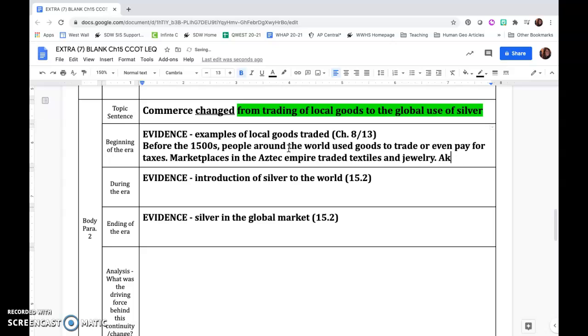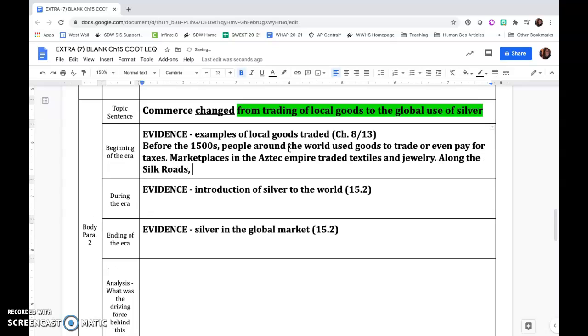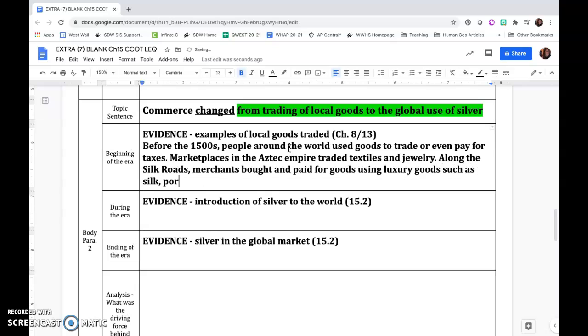Along the Silk Roads, merchants bought and paid for goods using luxury goods such as silk, porcelain, textiles, and paper. So again, these are things I found specifically in my notes that I am now adding.